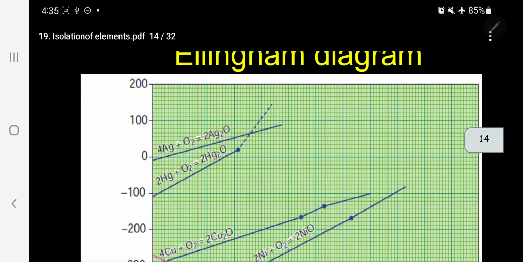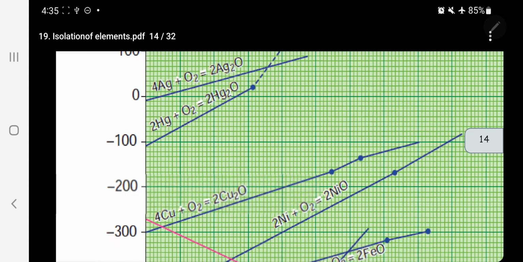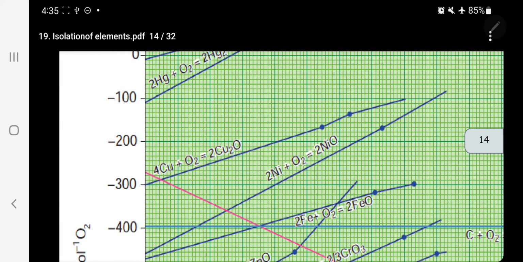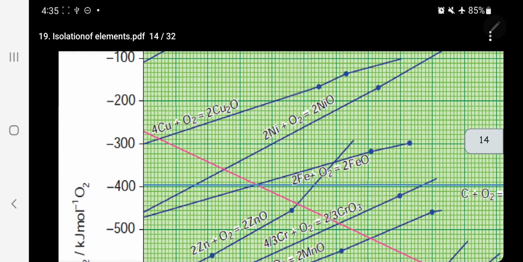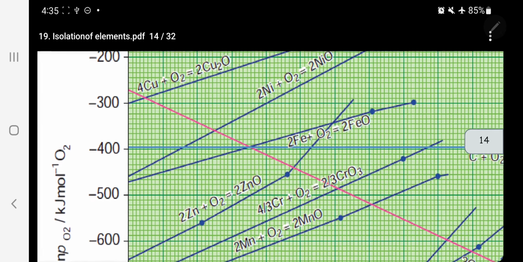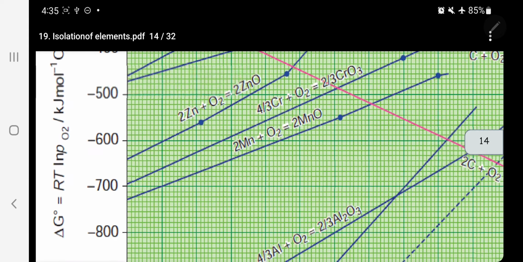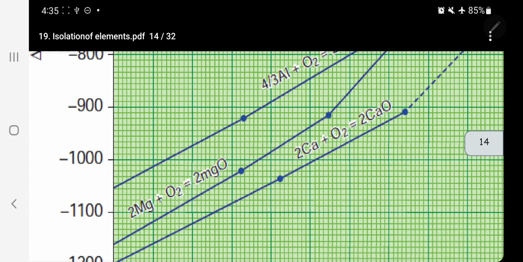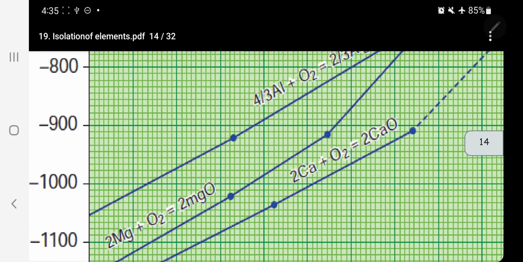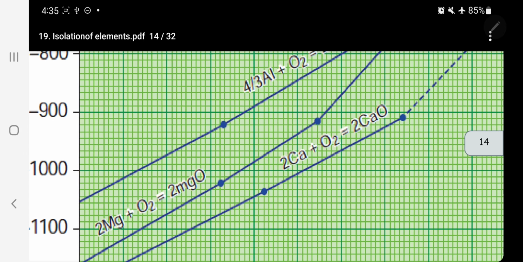The next comes mercury plus oxygen gives mercuric oxide. This is based on stability. The more negative the ΔG° value, the higher the stability, and the more basic the metal. So next copper, nickel, iron, zinc, chromium, manganese, aluminium. Below aluminium we get magnesium and calcium. This diagram itself gives an idea.